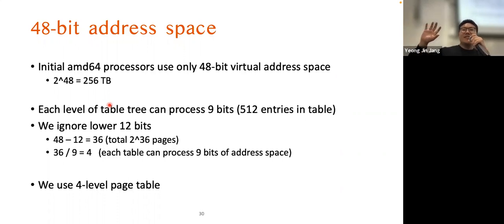So suppose the page size is fixed, then that's 4 kilobyte. And then we will ignore the lower 12 bits in translating because our page size is that one. Then suppose we have 48 bits of the address space. Then 48 minus 12 is 36.